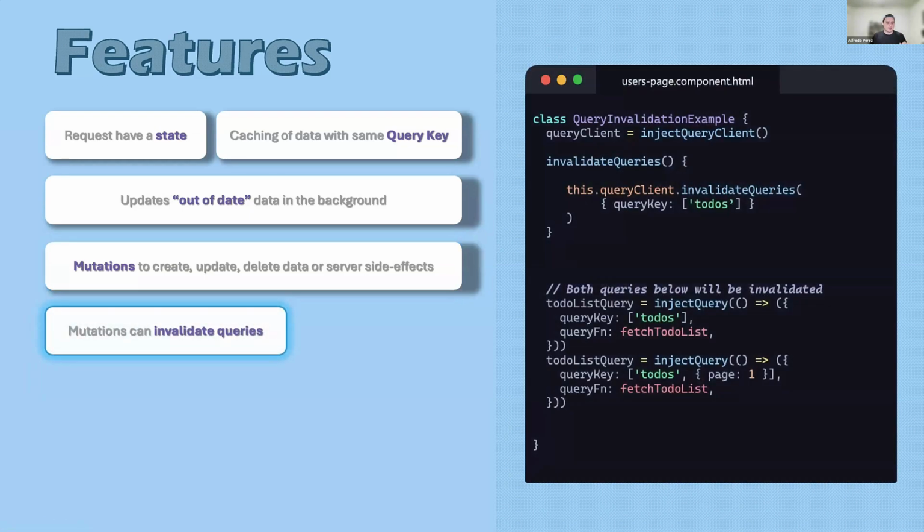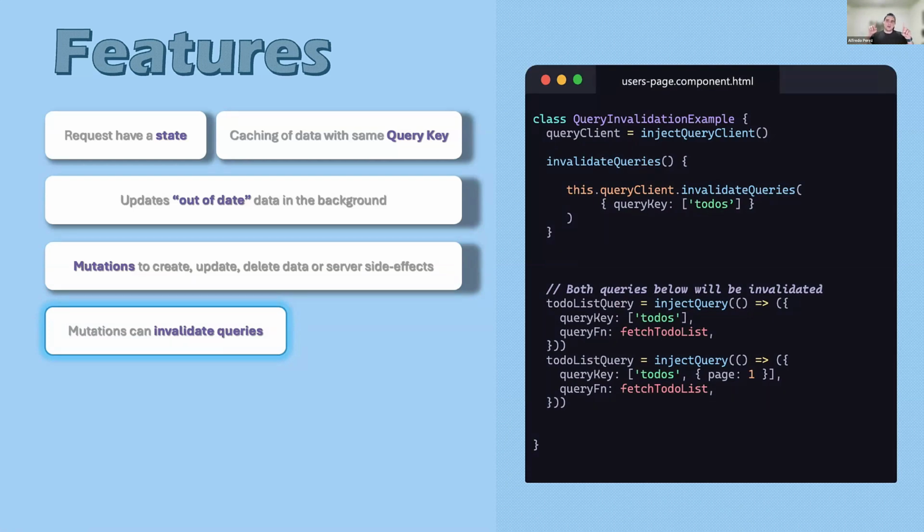One cool thing about mutations is that you can invalidate queries. For example, if I'm adding a new to-do and I want to tell it that anything that has a to-dos query key needs to be refetched, I can just say invalidate queries and pass the query key of everything that I want to refetch.